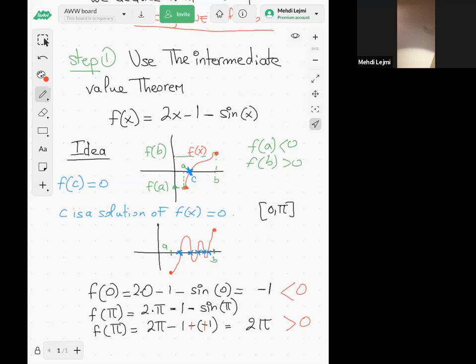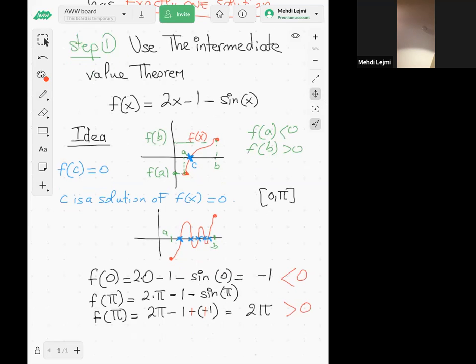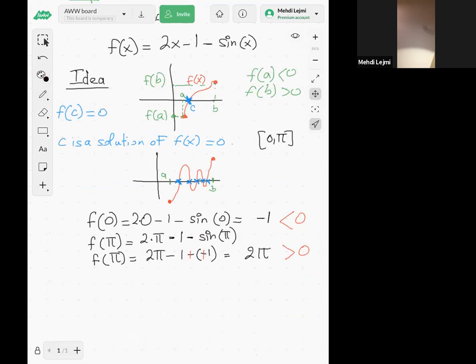So by the intermediate value theorem, because f of 0 is negative and f of pi is positive, so we have opposite signs, then there exists at least one solution of f of x equal to 0.